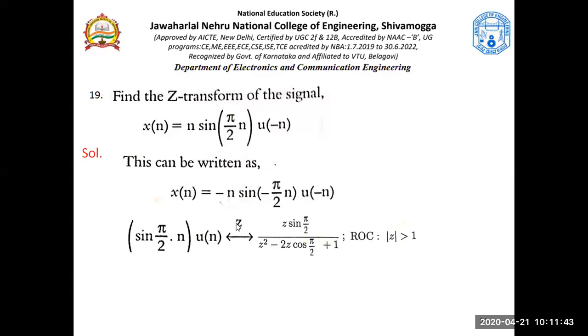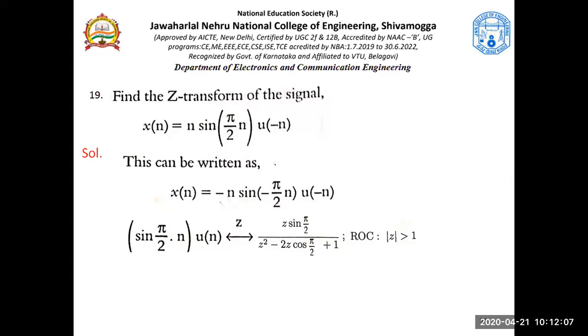If you apply z transform on this, this is a standard transform that we need to remember. We have found this, and we have to remember this in such problems. Now ROC is z greater than 1. This also is something that we have found out in that problem, so we need to remember both. For sine omega naught n and cos omega naught n, the ROC is outside the circle with radius 1.